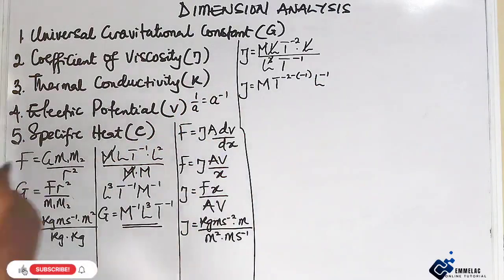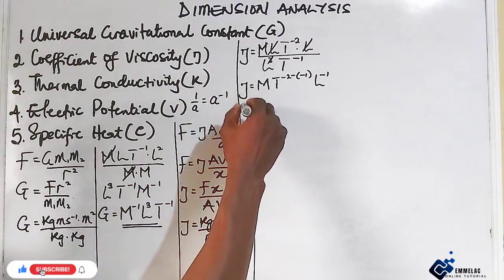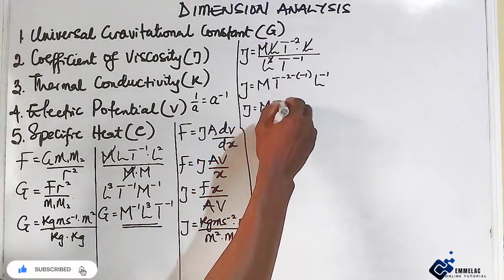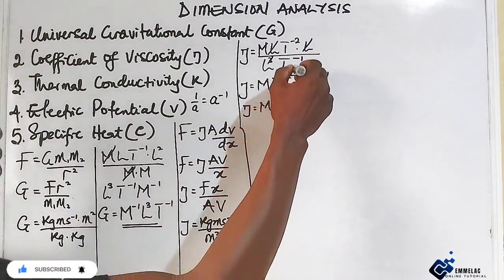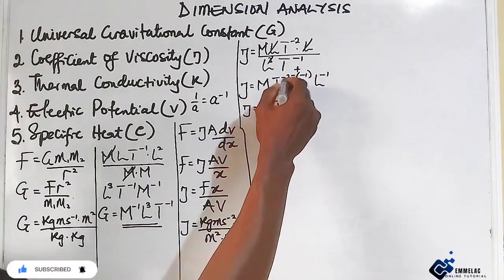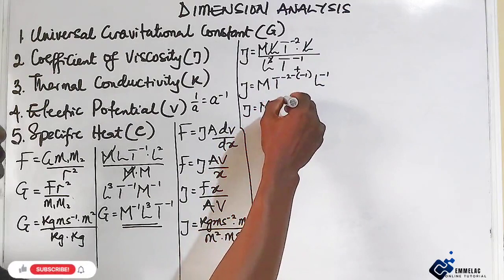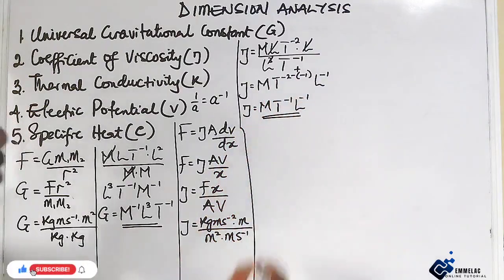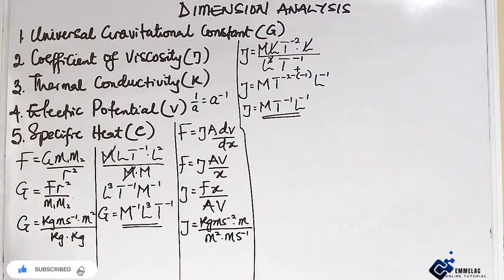So here we have M, then T raised to the power of minus 2 plus 1, which gives us minus 1, then L raised to the power of minus 1. This is the dimensional formula of the coefficient of viscosity.